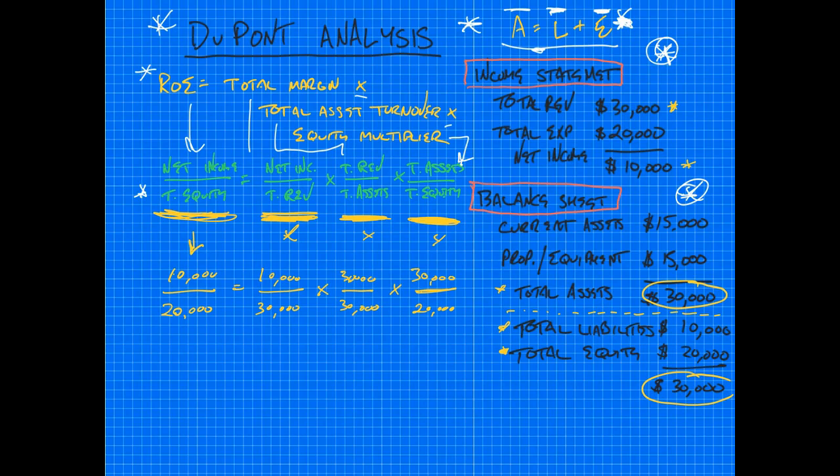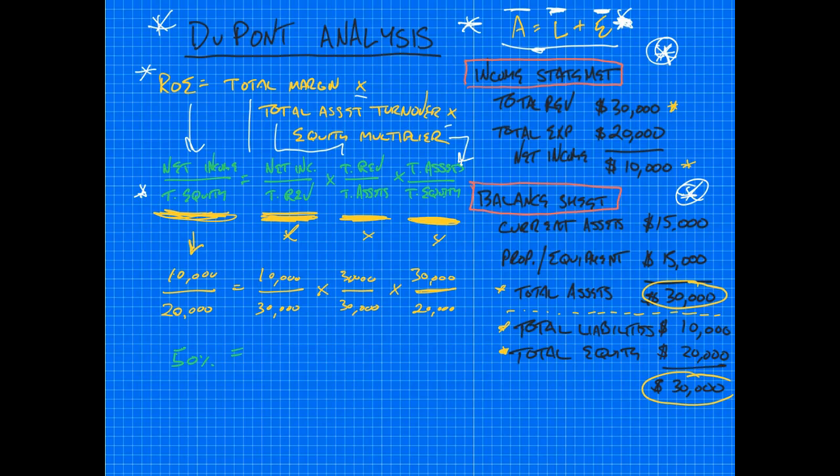So our next step in DuPont analysis is simply breaking these numbers down just a little bit further. Easy math here, guys. It's just some division. 10,000 divided by 20,000 is going to be 0.50 or 50%, so that's our return on equity.